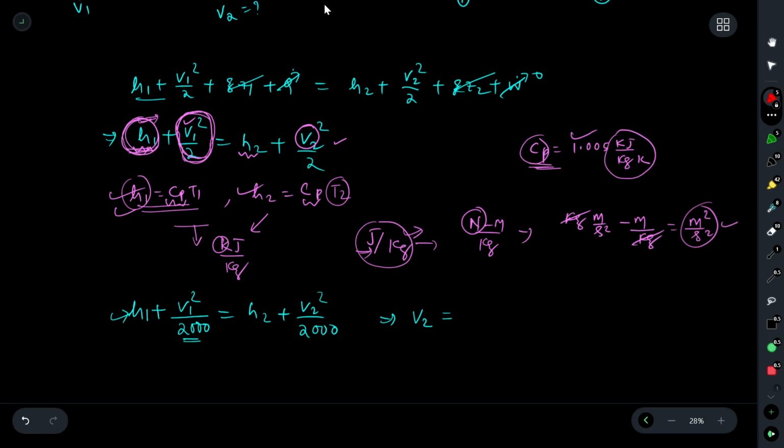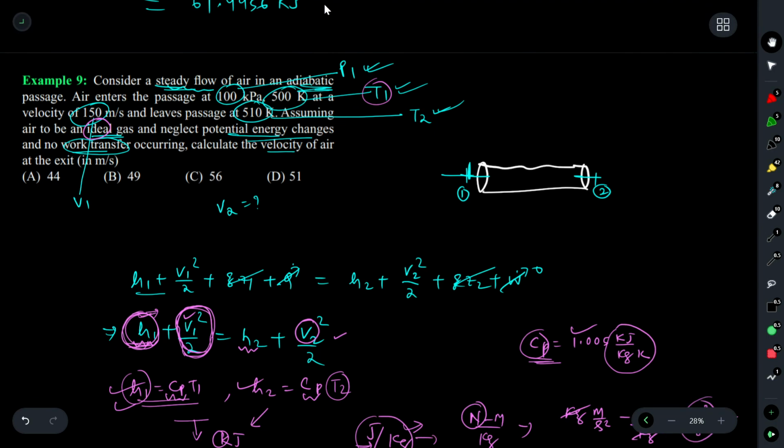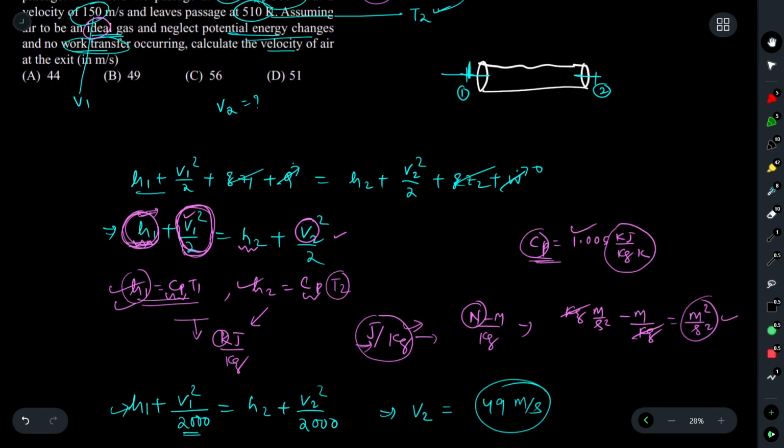And V2 value will be nearly equal to, so let me check, nearly 49 meter per second. So 49 meter per second will be the correct answer for this question. So option B will be the correct answer. Hope it was understandable. Thank you.